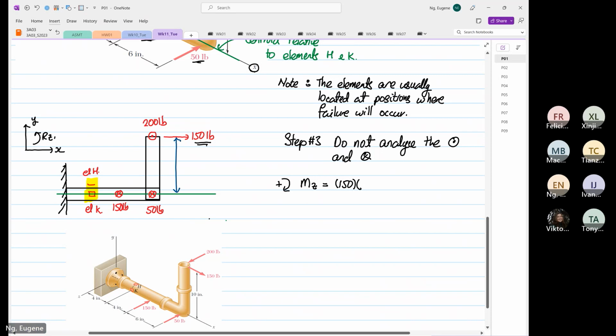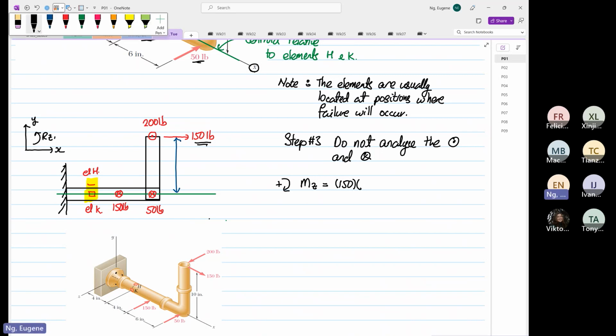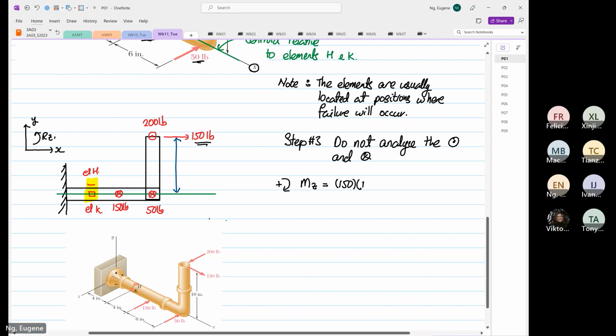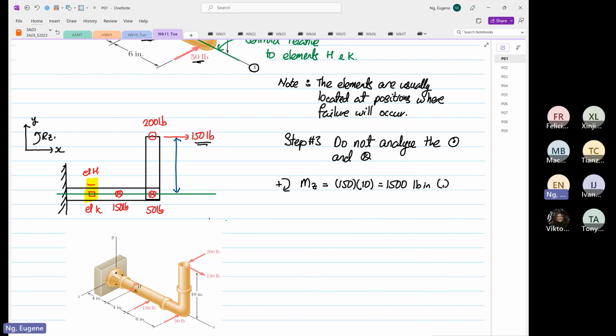So 150 multiplied by 10. Anything else? Nothing else. So it's 1,500 pound-inch, and it's going in this direction.